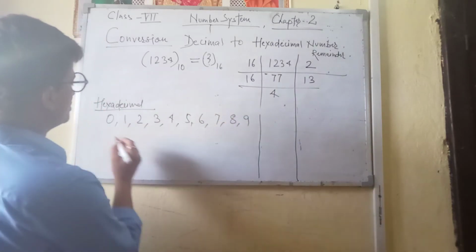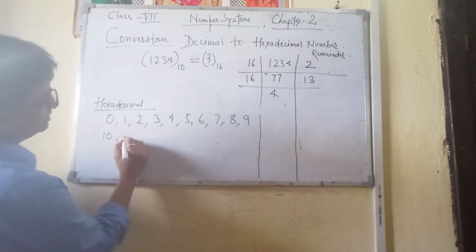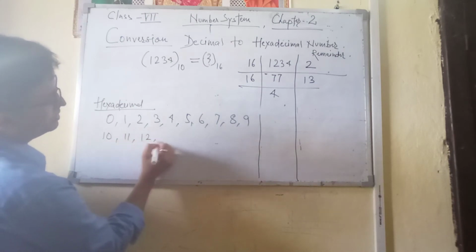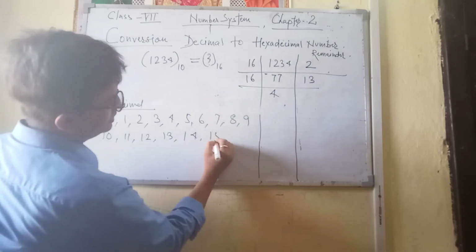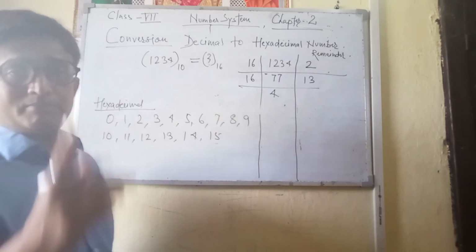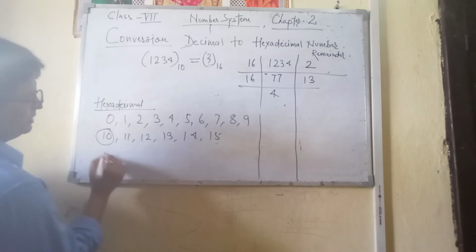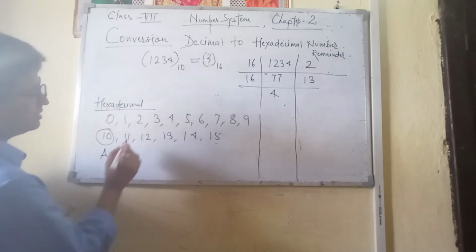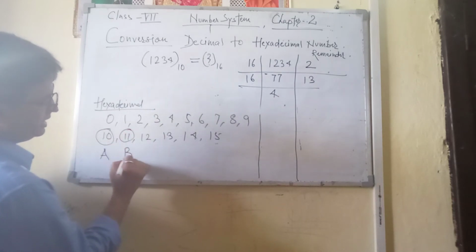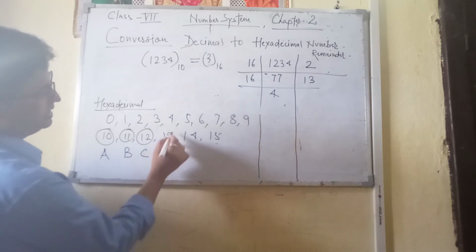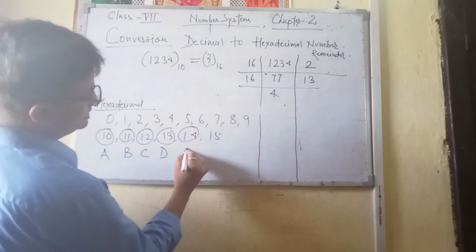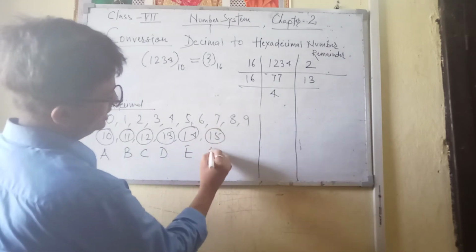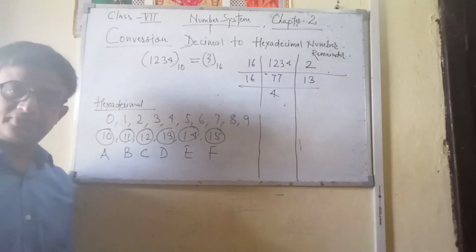After 9 what comes? 10, 11, 12, 13, 14 and 15. Total 16 digits. But I told you, for 10 we use A, for 11 we use B, for 12 we use C, for 13 D, for 14 E, and for 15 F.